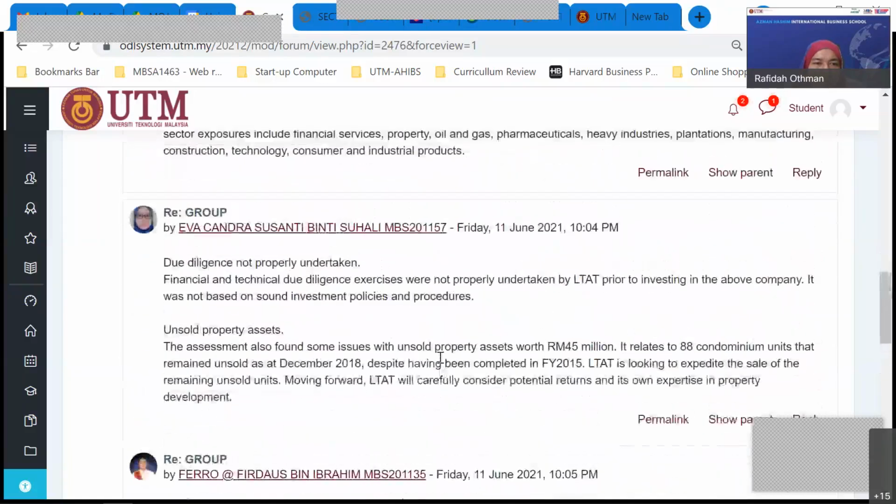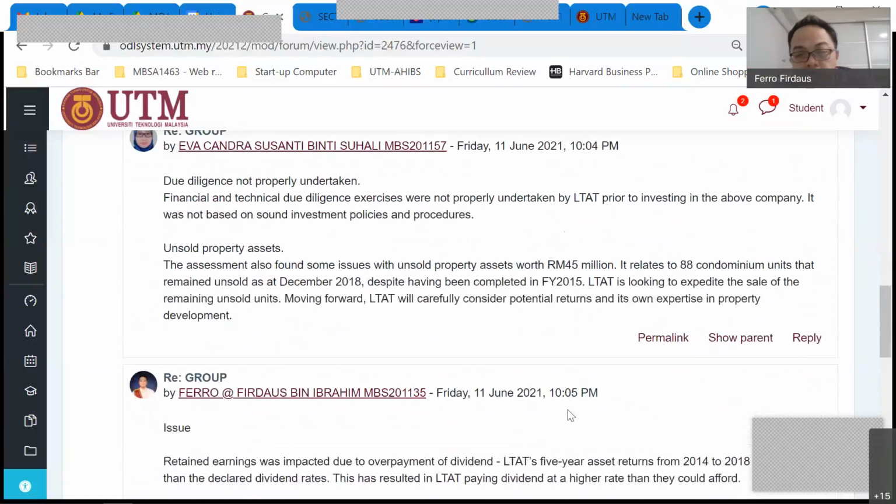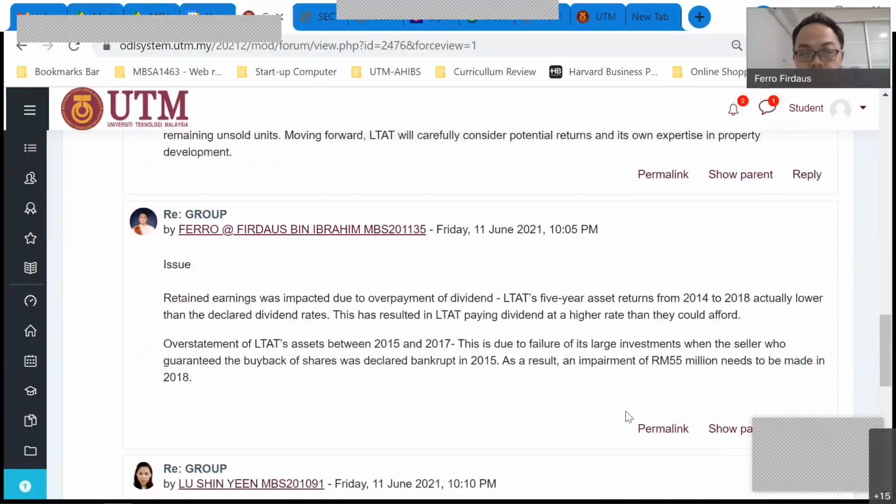Doctor, can I go first before Eva? Yes, so Firdaus. The issue is, in 2019, when they elected a new LTAT chief executive, they announced the lowest ever dividend of 2%, compared with the minimum 6% they paid before for the past 40 years. Of course, this announcement sparked a lot of attention in Malaysia.